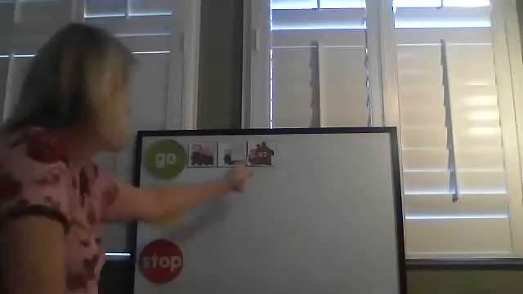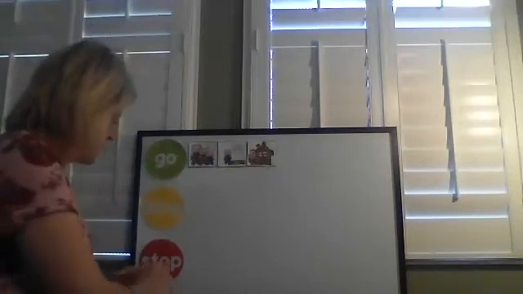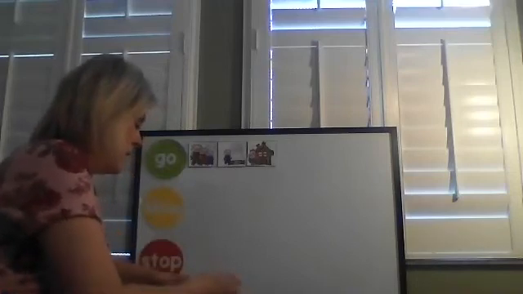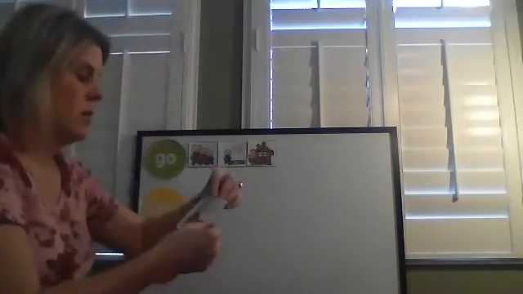Now, I want you to think, what was the next thing that happened after this pig made his house of straw? And I'm going to find it for us in all of my pictures. What was the next part? The next pig, "Can I please have some sticks for my house?"